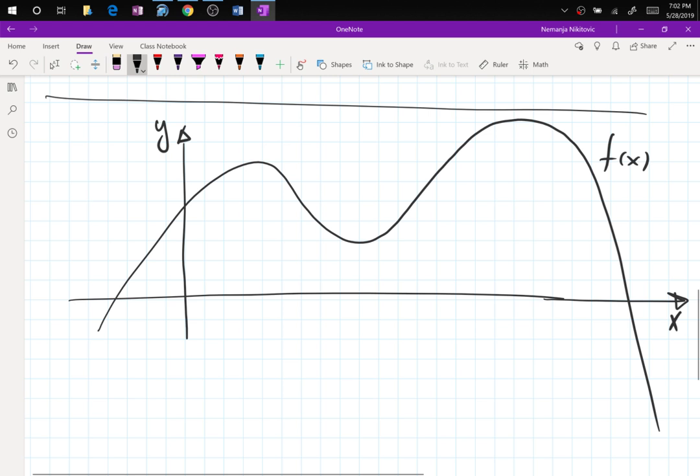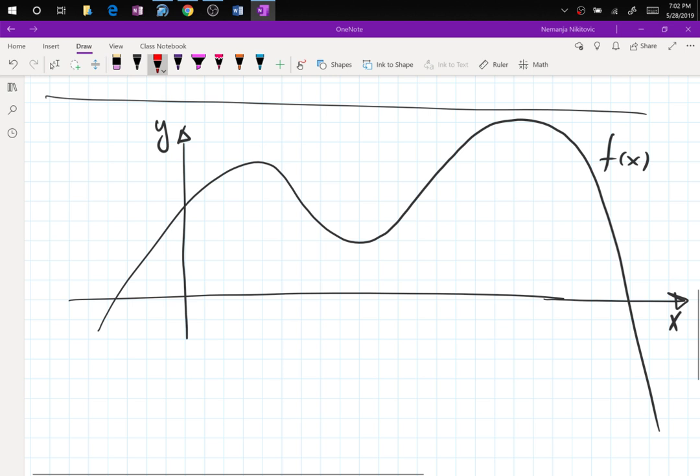I have no equation, no numbers, I have nothing. So how do I draw the sketch of the derivative without doing any of this? Well, that's if we're going to do it point by point, but there are infinitely many points, right?